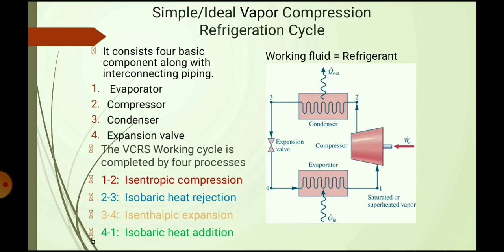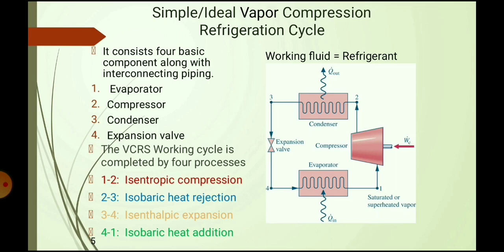And the next one is process 4-1, which happens in the evaporator, and during this process at constant pressure there is absorption of heat from the refrigerated space to the refrigerant. Clear? Therefore, 4-1 is the isobaric heat addition process. Clear?